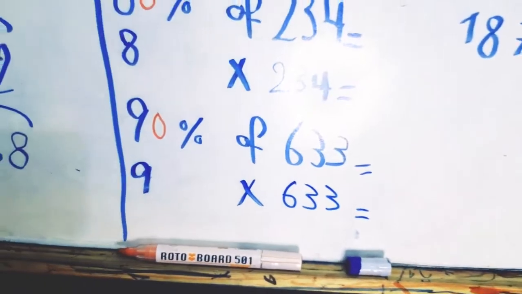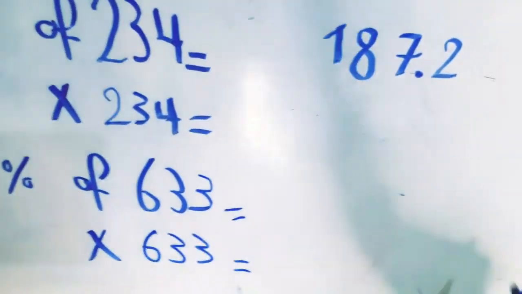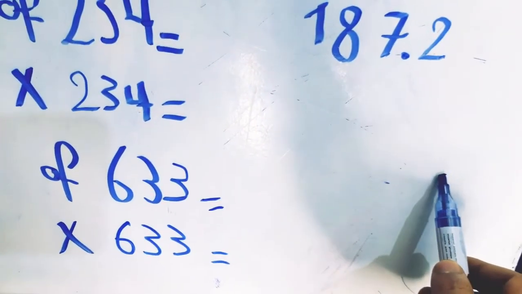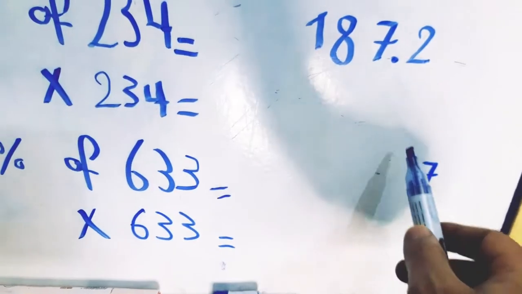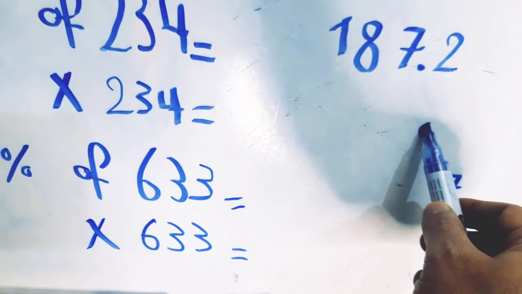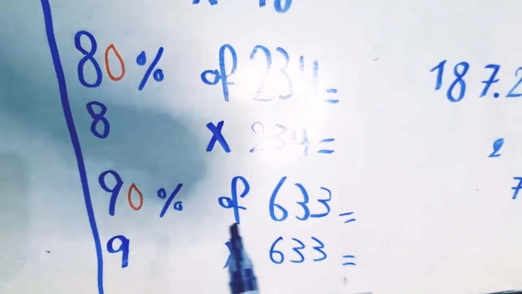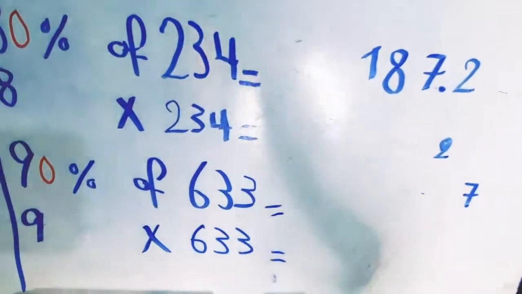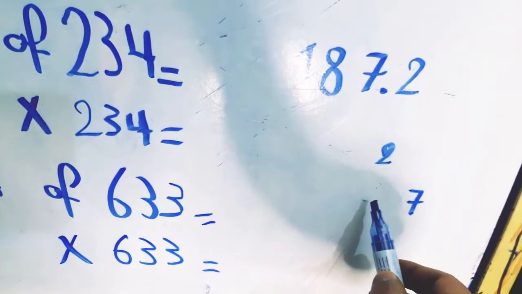We here do multiplication. 9 times 3, 27. We write 7 and carry forward 2. 9 times 3, 27. 27 plus 2, 29.